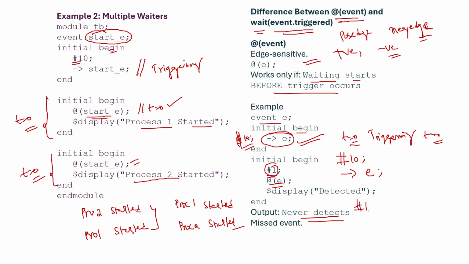I'm waiting 1 second before. So after 1 second, I started waiting, then still I am waiting for 9 seconds, then the event is triggered. Then I will detect the dollar display event at the rate E event. I am using the at-the-rate event, and I am waiting before that triggering. Then I will detect my event. Okay, dollar display. You can detect the event.